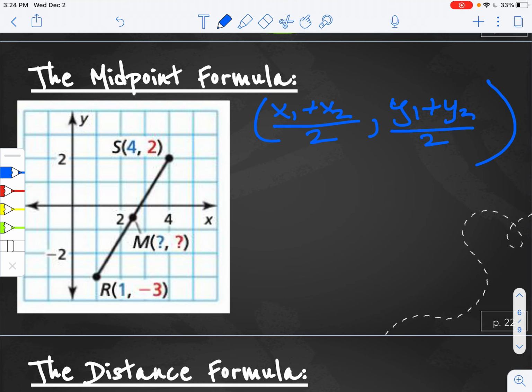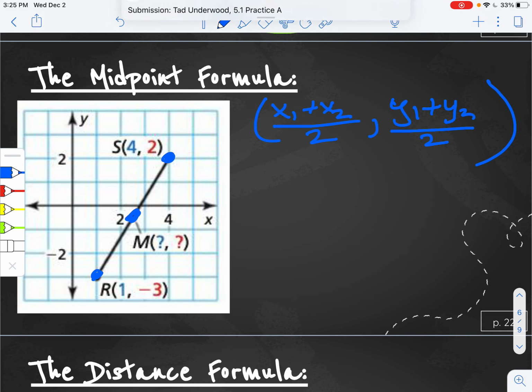Now this formula really should not be a huge surprise, right? x1 and x2 will be our two endpoints, and we want to divide them by 2. Just like if we had two numbers and we wanted to find what the average was or what the middle was, we would add those two numbers together and divide by 2. Same thing goes for our y. Now remember, the midpoint is an actual point on our graph.